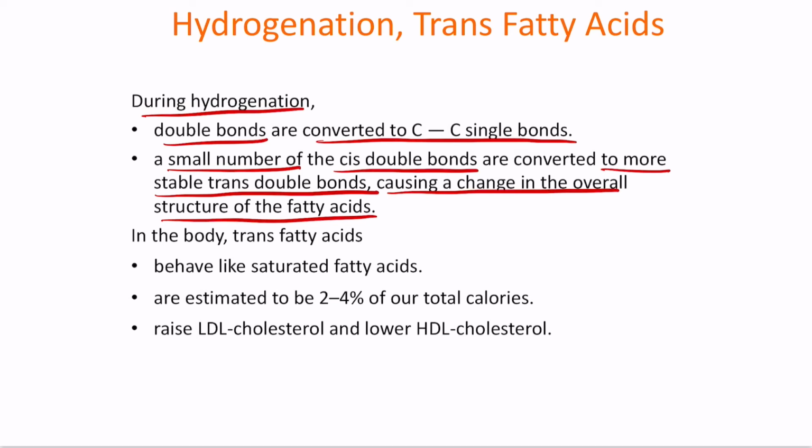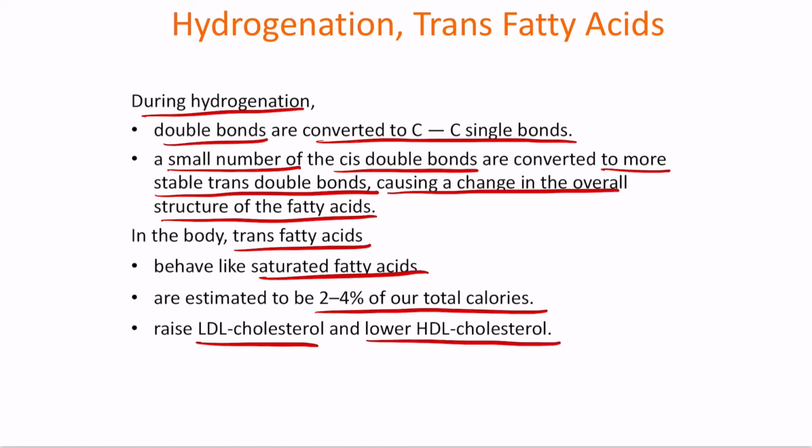In the body, these are called trans fatty acids. They behave like saturated fatty acids and are estimated to be 2 to 4% of our calories. They raise the LDL cholesterol and lower the HDL cholesterol, and LDL cholesterol is what creates plaque in the blood vessels.